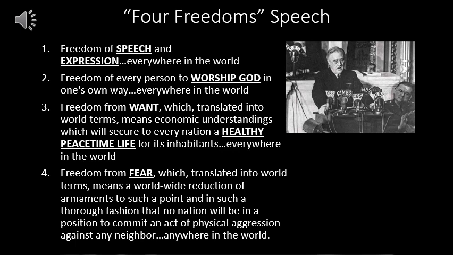And lastly, freedom from fear, which, again, translated into world terms, means a worldwide reduction of armaments to such a point and in such a thorough fashion that no nation will be in a position to commit an act of physical aggression against any neighbor anywhere in the world.